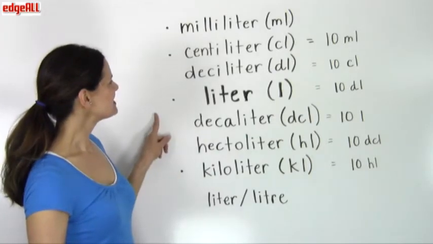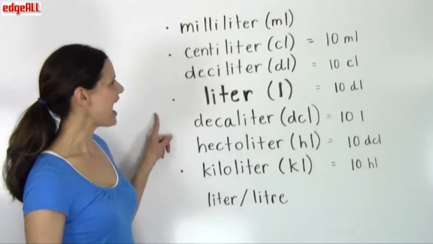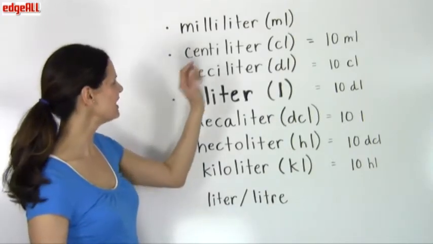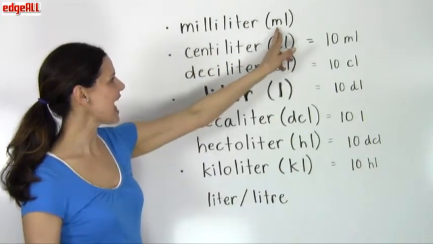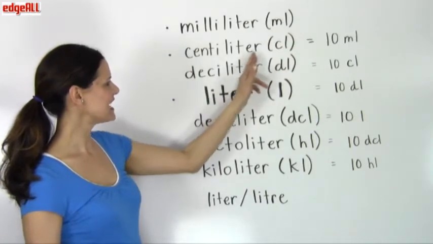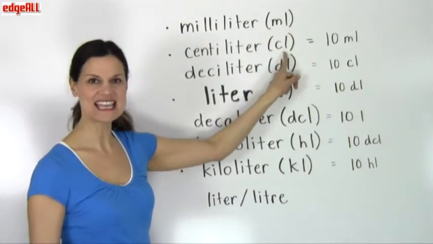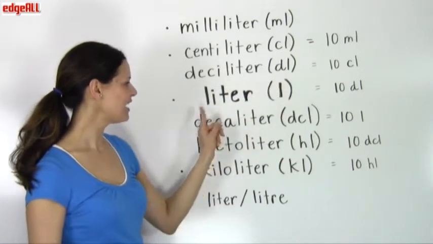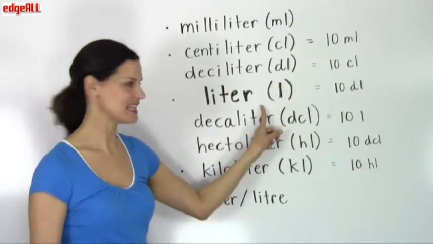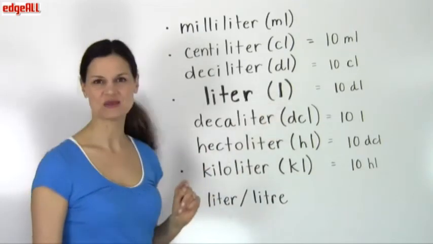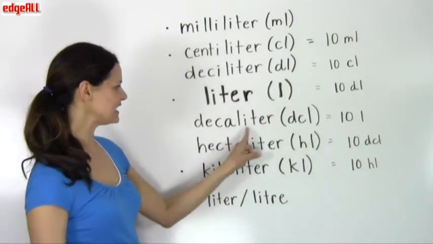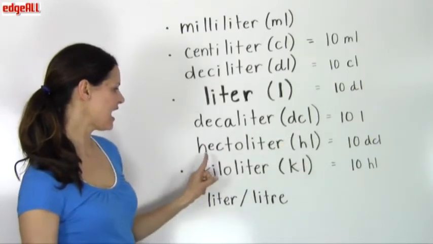Each of these measurements also has an abbreviated version or a shorter name. For milliliter, you'll see mL. For centiliter, you'll see cL. For deciliter, dL. And for liter, you'll simply see an L, sometimes written also as a capital L. For decaliter, daL.